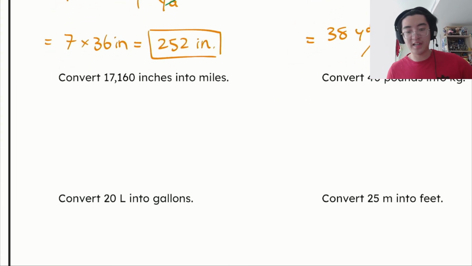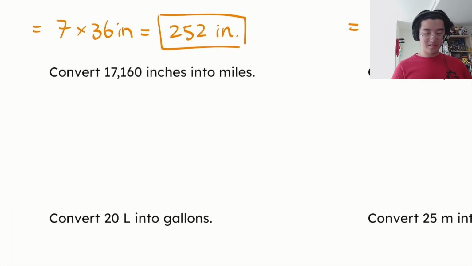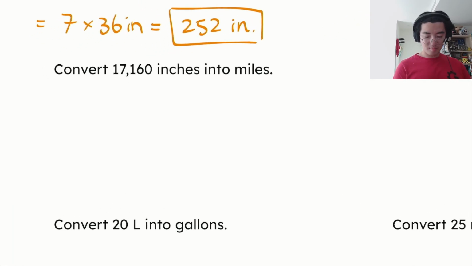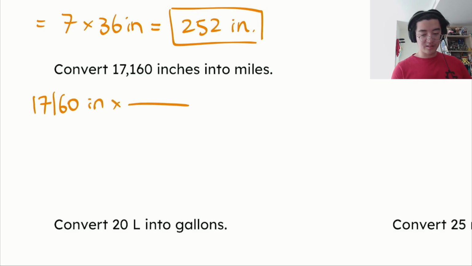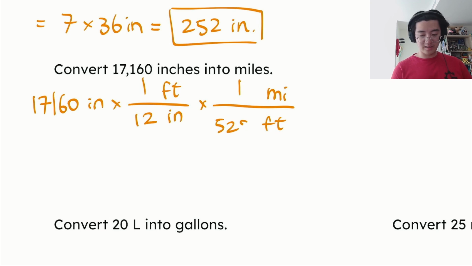How about inches into miles? From last time, we did a double conversion. We're going to convert that into feet first. We know it's 12 inches in 1 foot, and then convert feet into miles. That's 1 mile in 5,280 feet.